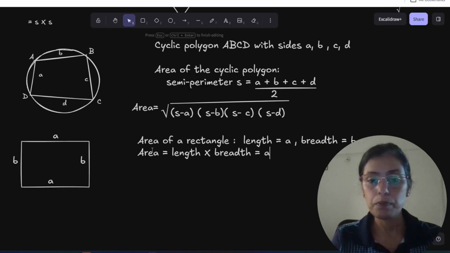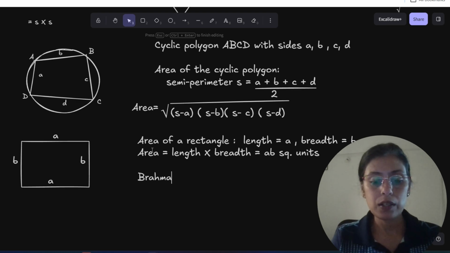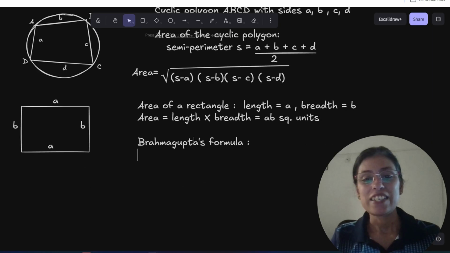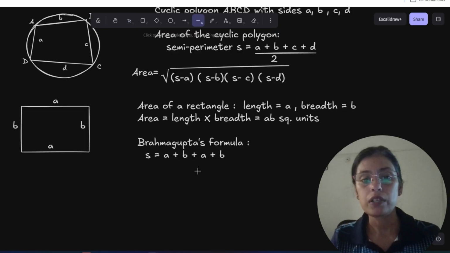A into B square units. Now let's apply Brahmagupta's formula. For that we need to first calculate the semi-perimeter. So the semi-perimeter will be A plus B plus A plus B upon 2.